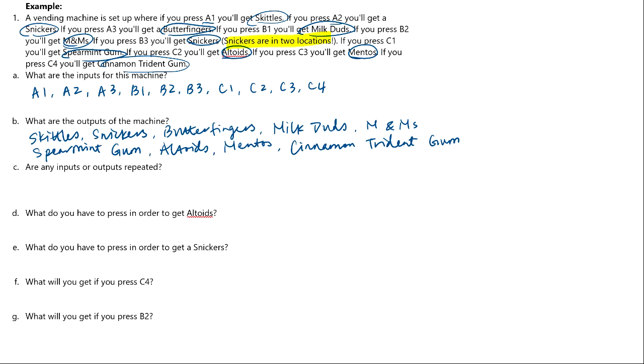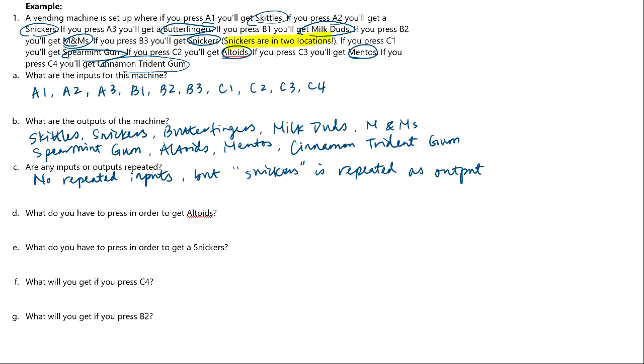Therefore, there are no repeated inputs, but Snickers is repeated as the output. That's how we can answer the questions about inputs and outputs.